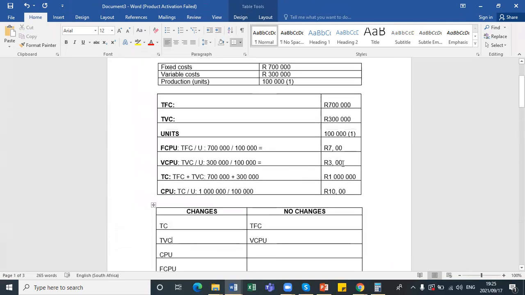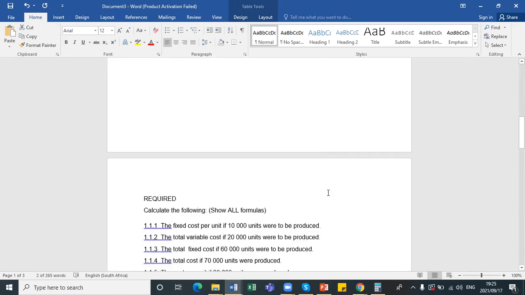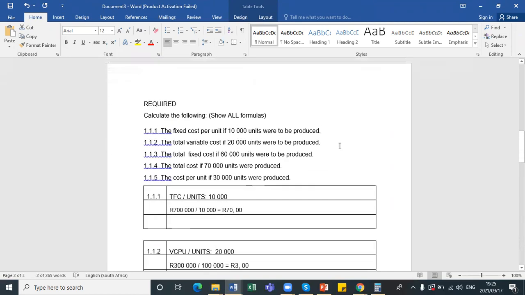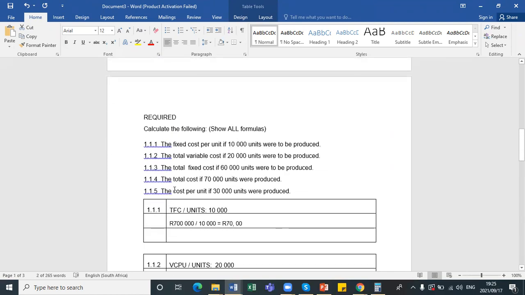I used the variable cost per unit when production started, 3 Rand, times it by the new units of 70,000. And there's my total variable cost. So now I can calculate my total cost. I say 700,000 plus 210,000 gives me 910,000.